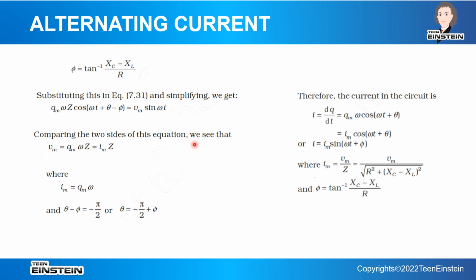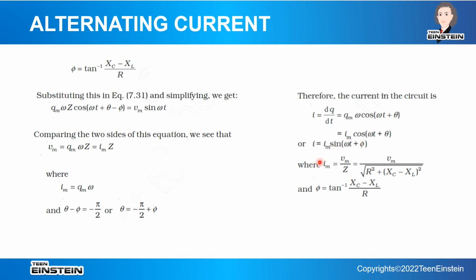So substitute all of this here. So we have Im, that is the magnitude or amplitude of the current, equal to Qm omega, and substituting this here, I equal to dq by dt, which is equal to Qm omega cos omega t plus theta. So Qm omega we can say is equal to Im. So I equal to Im sin omega t plus phi.